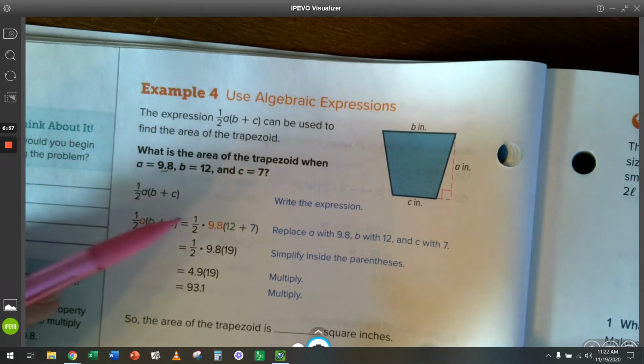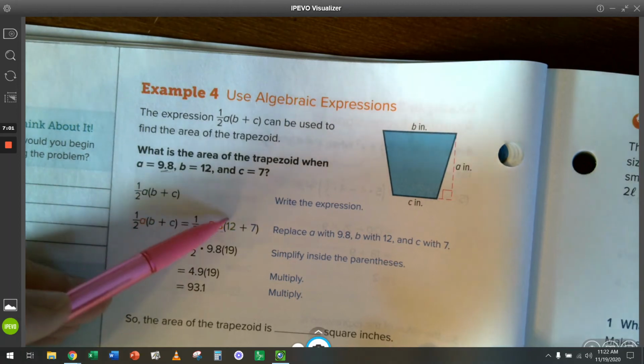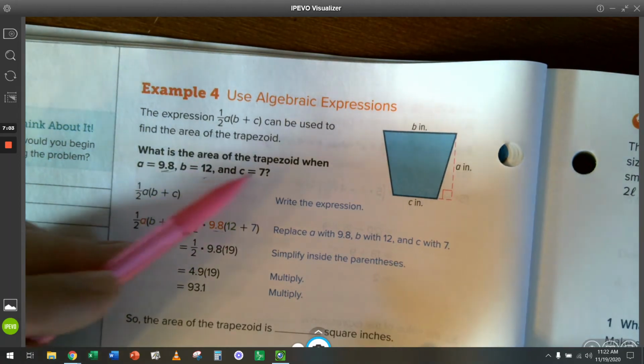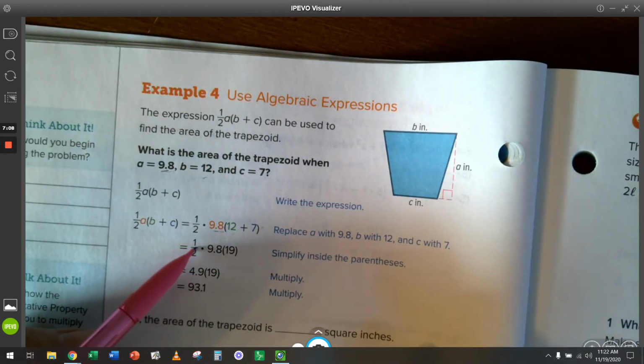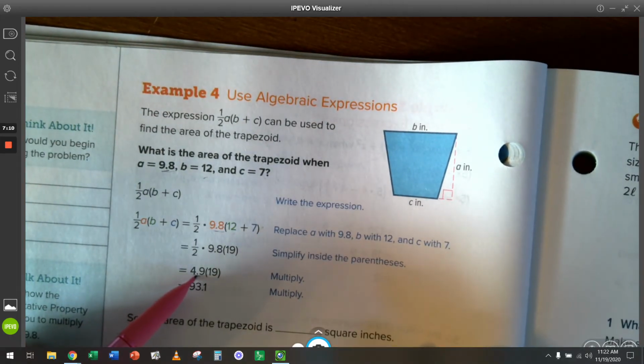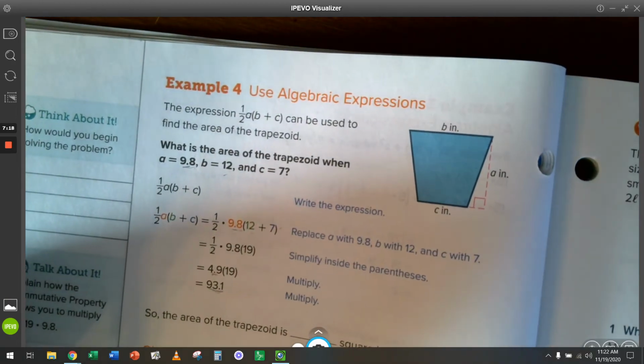So h will become 9.8. So we're going to find 1/2 of 9.8. We are going to add 12 and 7 together to get 19. Then we do 1/2 times 9.8, which would be 4.9. Then we multiply by 19. Your answer here would give us an area of 93.1 square inches.